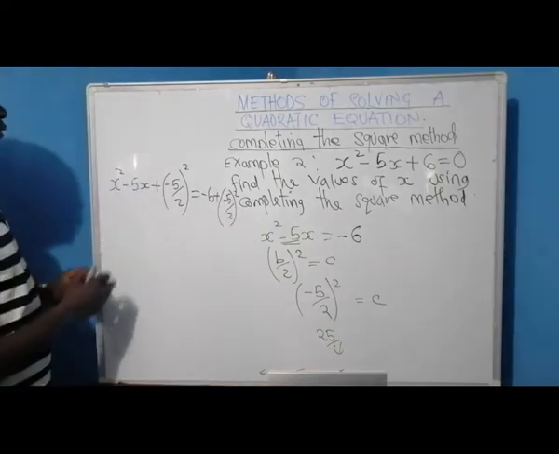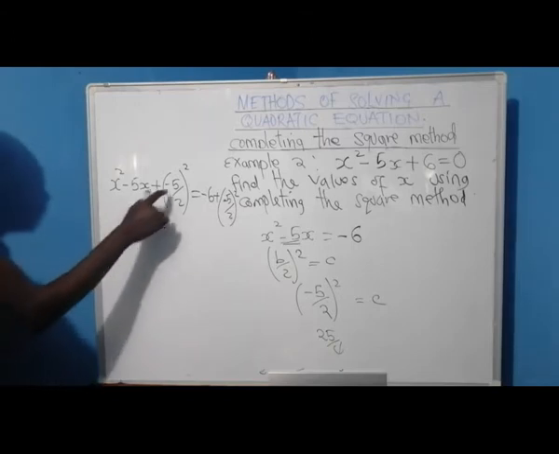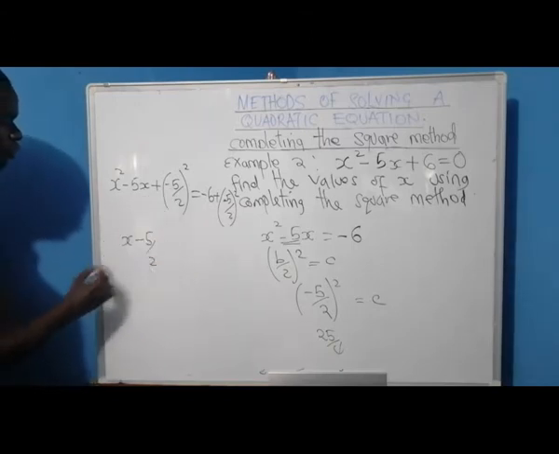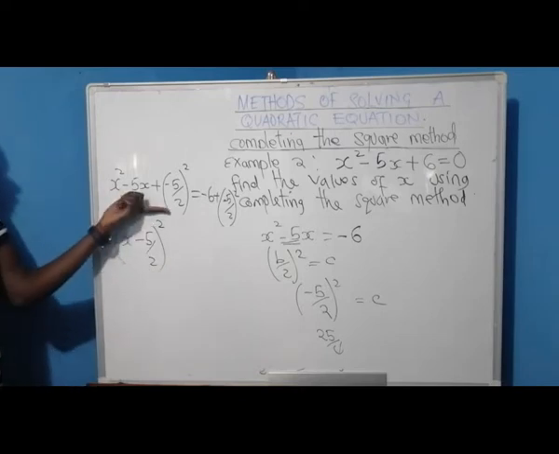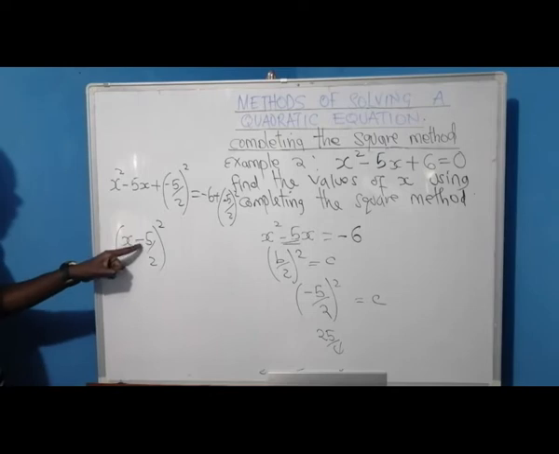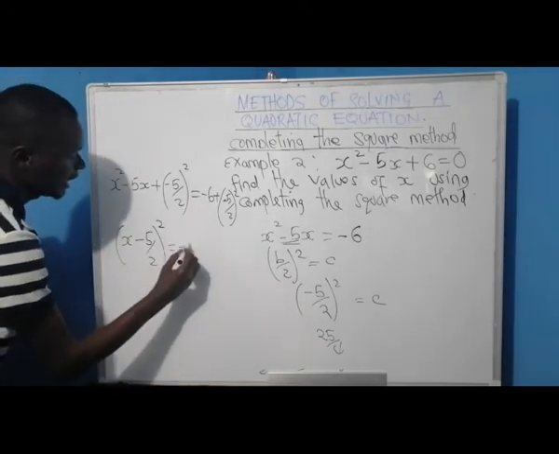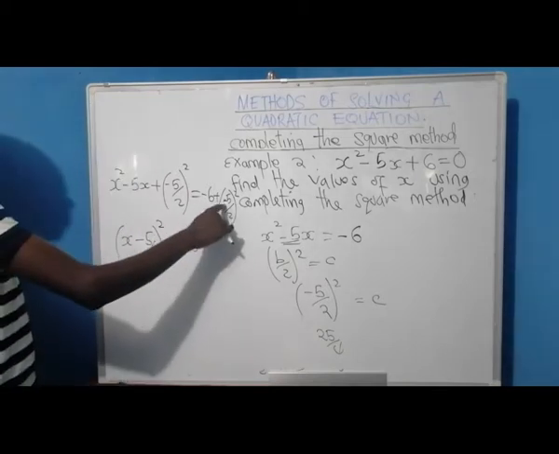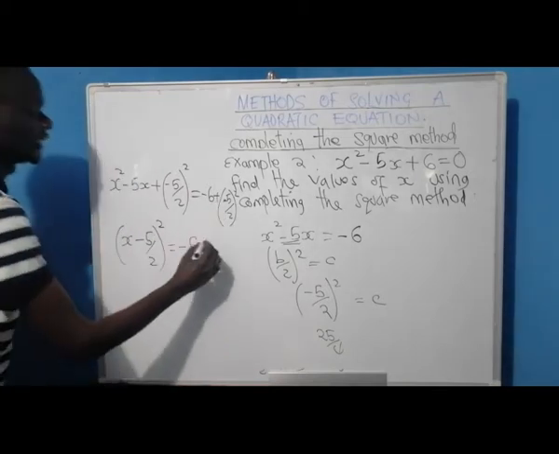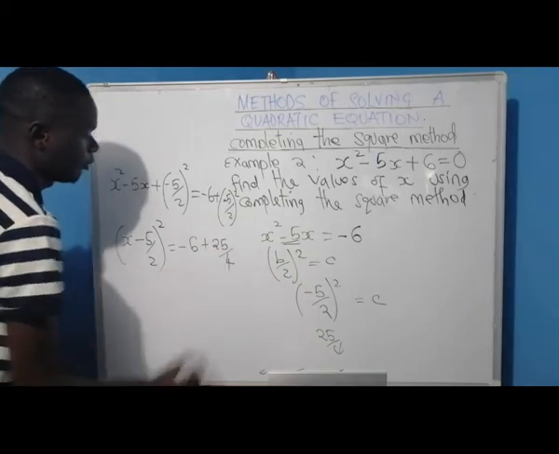At this stage, we just take x minus 5 over 2, then we square that, because already we are sure that this is a perfect square. We've made it a perfect square, so we can say x minus 5 over 2 squared is equal to negative 6 plus negative 5 over 2 squared, which is the same as 25 over 4.